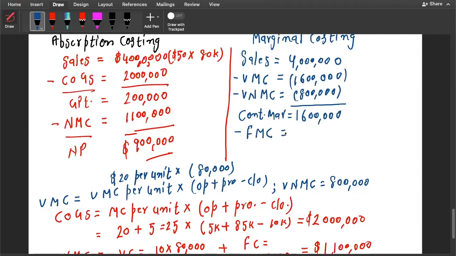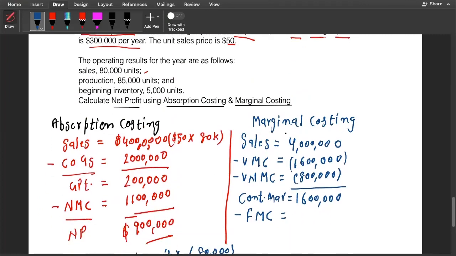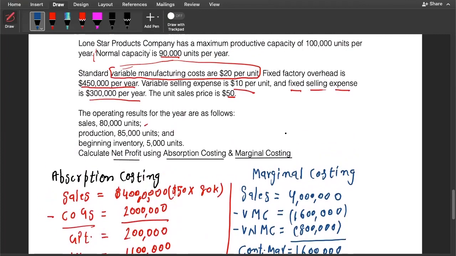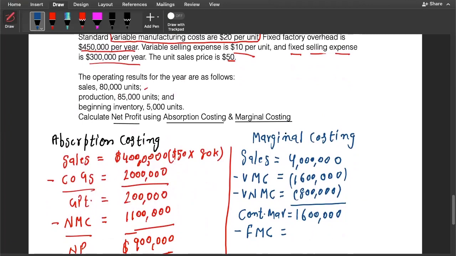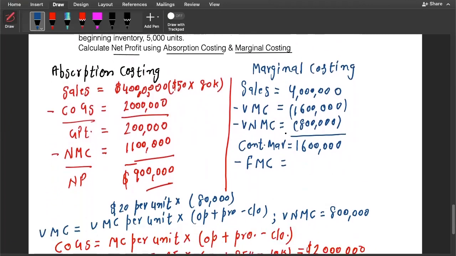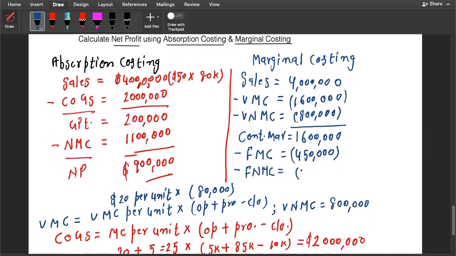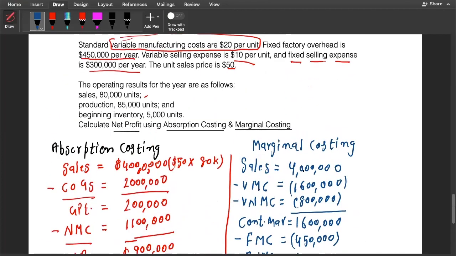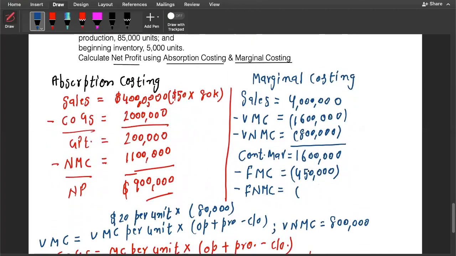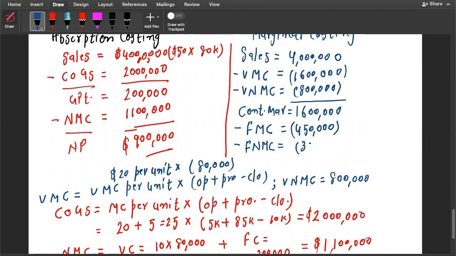How much? Fixed manufacturing cost 450,000. 450,000 and minus fixed non-manufacturing cost is how much? 300,000. Yes, 300,000.